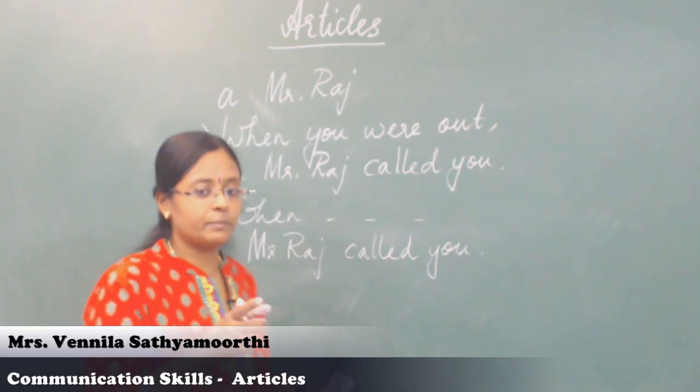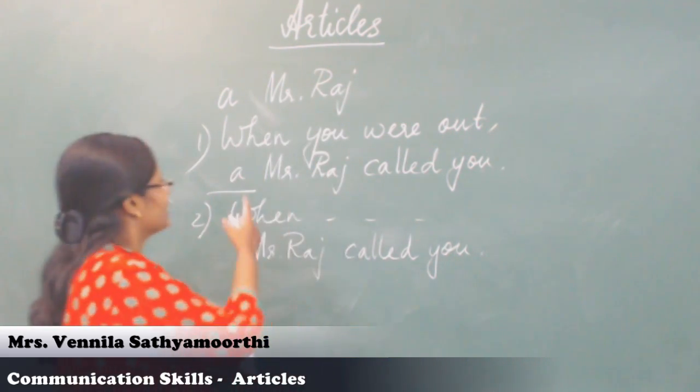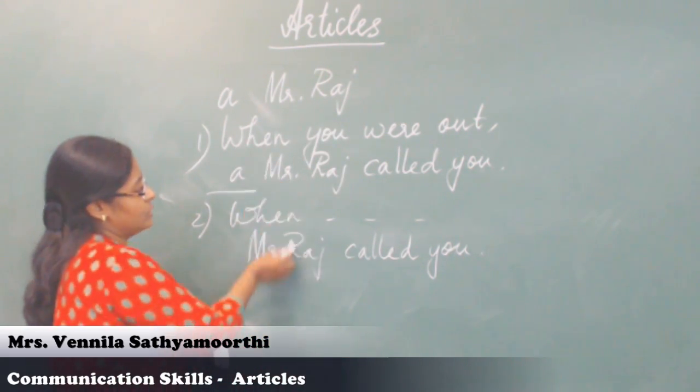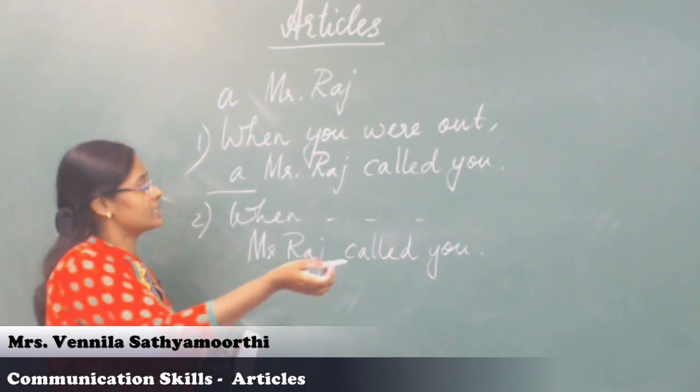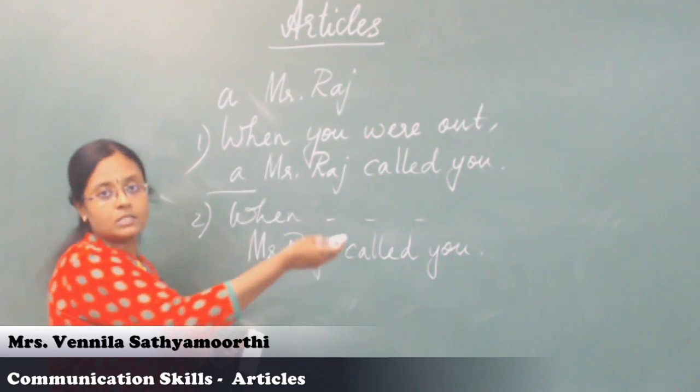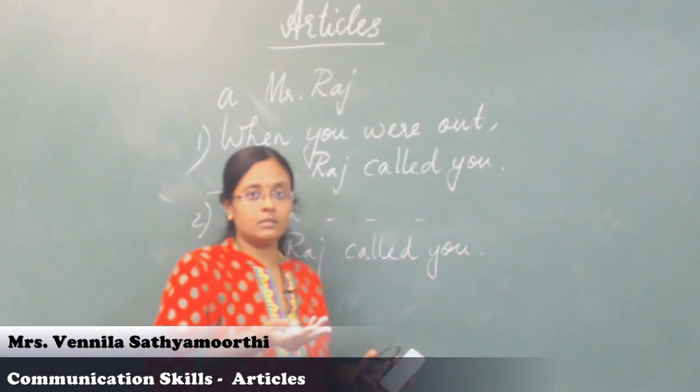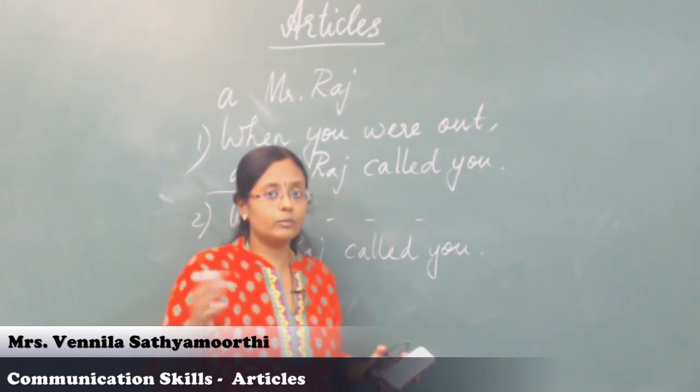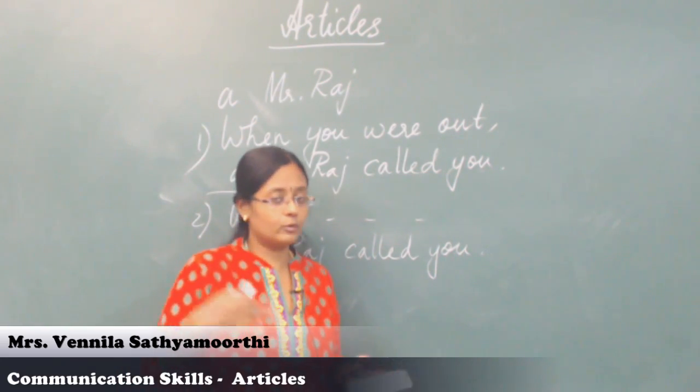Okay, while you keep typing your full question, we will look at this. These two sentences mean different things. When you were out, a Mr. Raj called you means a person whom you don't know, whom you have never heard of, whom you have never met.